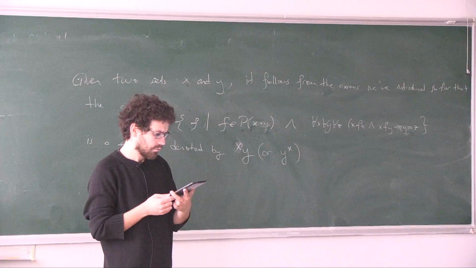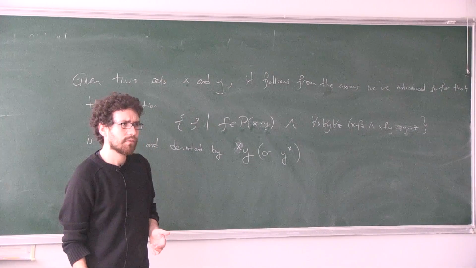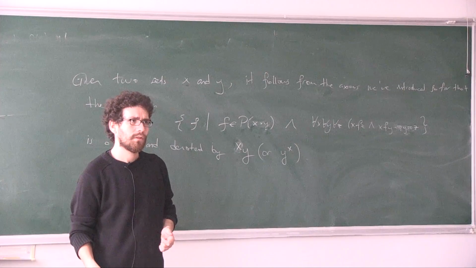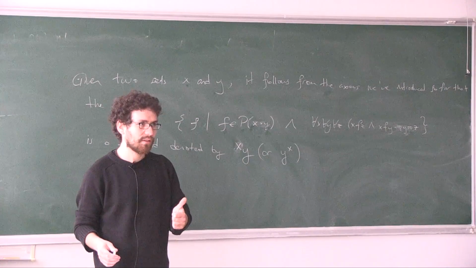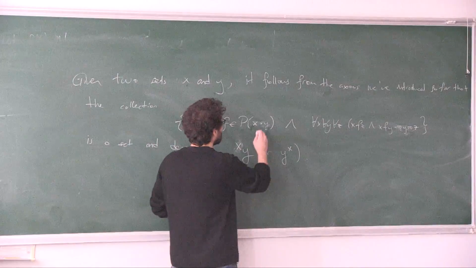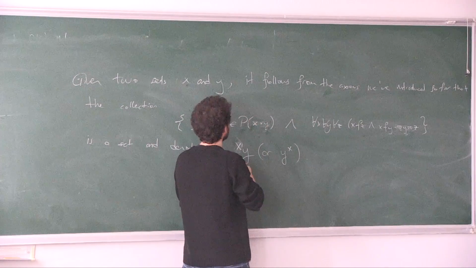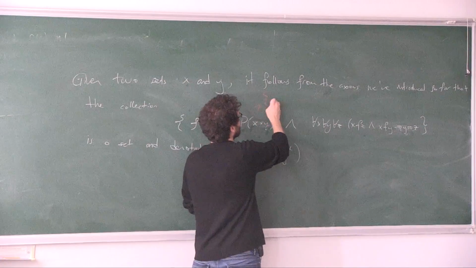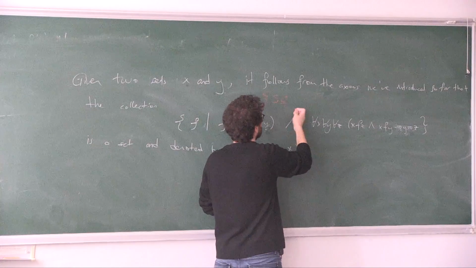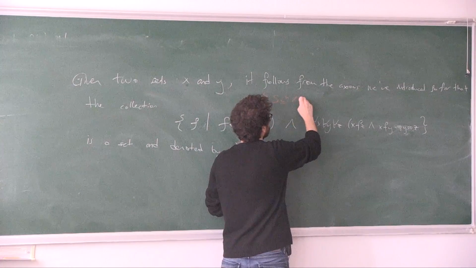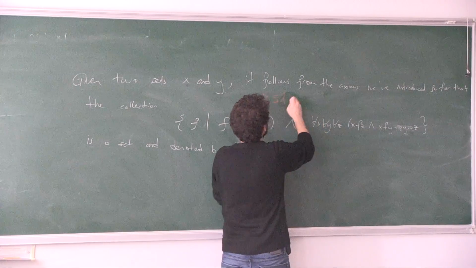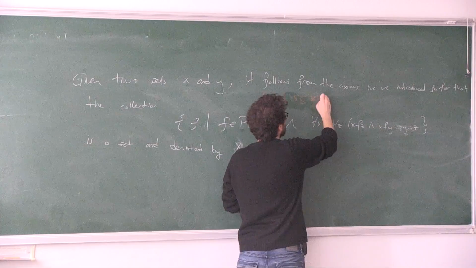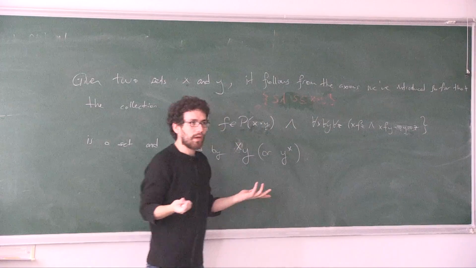This P is like the power set, power set of this cross product of X and Y, right? Yes, the Cartesian product, yes. So this is basically all subsets of X cross Y, okay?